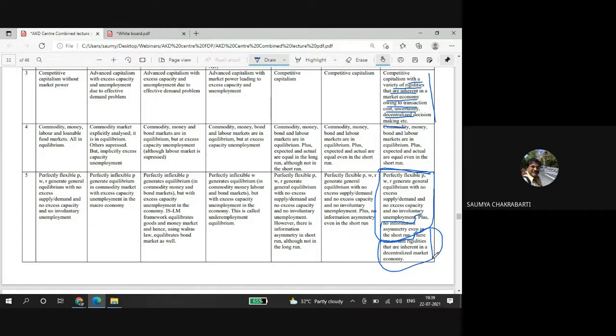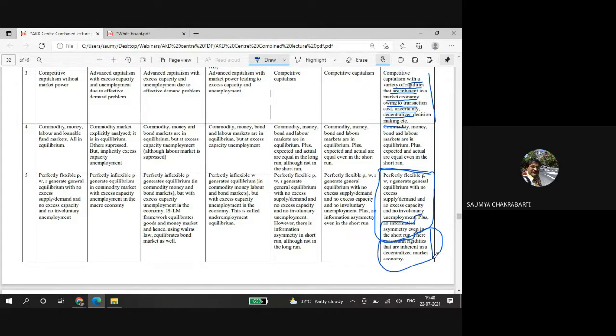So quickly, because I don't have much time, 20 minutes left. What the New Keynesians are saying is that Keynes was right, but Keynes was devoid of micro-foundation. Keynes was devoid of proper use of expectation, and Keynes was devoid of long run.